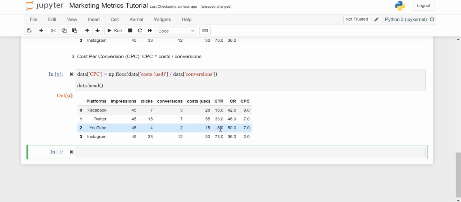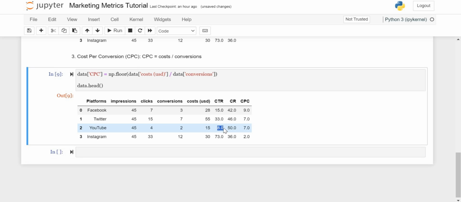YouTube has the lowest CTR and a CPC of $7. Facebook is second on the list. It has a CTR of 15% and a relatively higher CPC, which is $9.